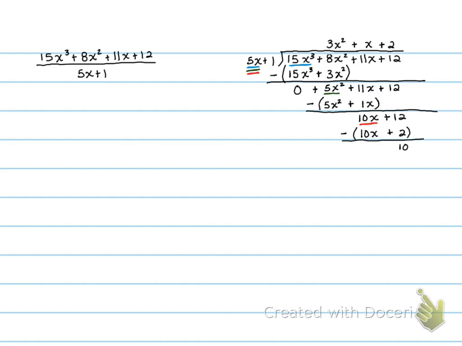It's tempting to keep going because we're like, oh, 5 divides evenly into 10. But remember that we want to look at degree. There's nothing I can multiply x by to get rid of a factor of x to get 10. And so that's just our remainder, which we'll put up here, plus 10 over 5x plus 1.